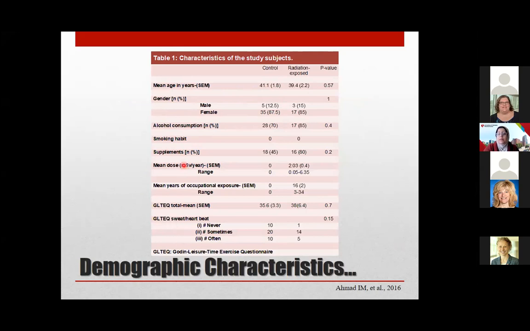Also in this table, I'm showing you the mean dose of radiation that these workers annually receive. As you notice here, it's about 2 millisievert, which is within the limits recommended by the International Commission on Radiological Protection, which is less than 5 millisievert per year.